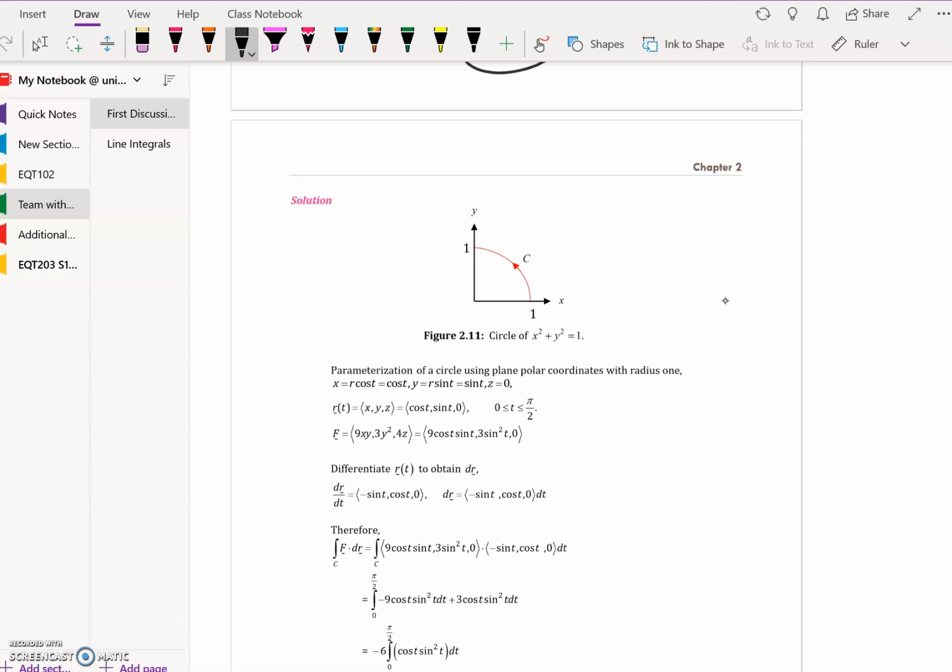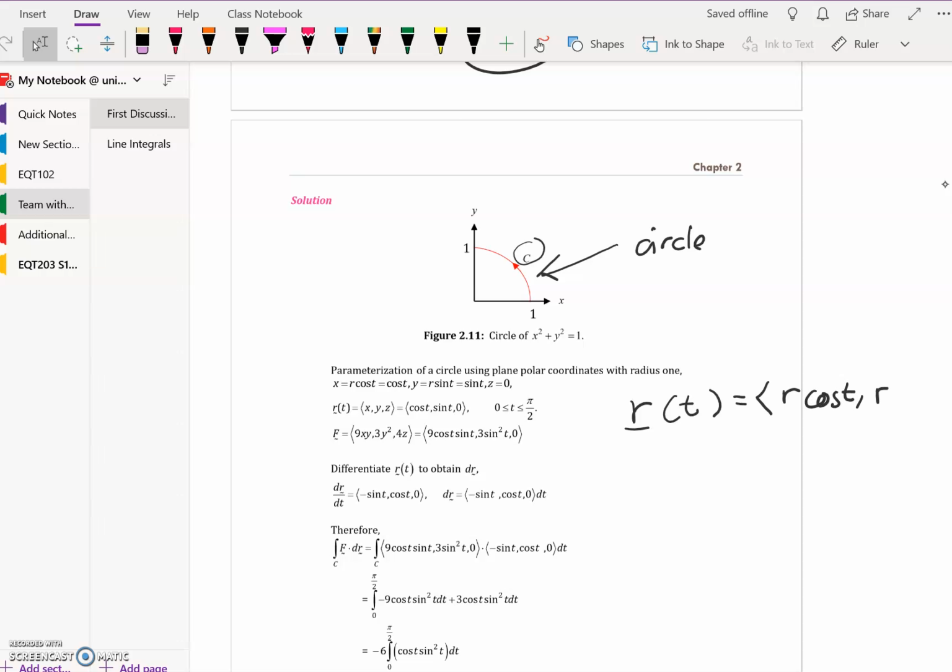So your curve C is a circle. When you have a circle, your r(t) just now is x(t), y(t), z(t). Since you are dealing with a circle, z equals 0. So what is your x and y? Your x is r cos t.